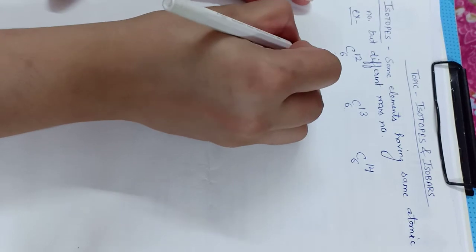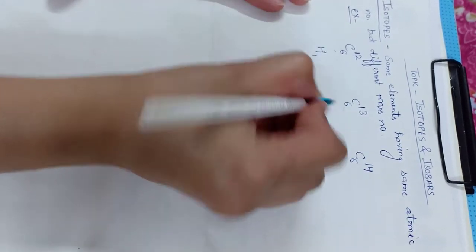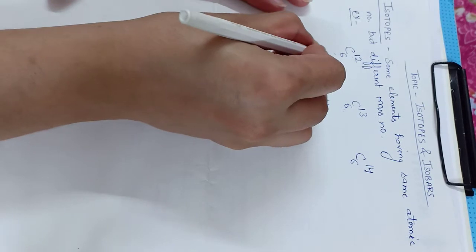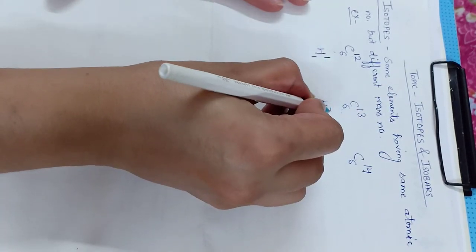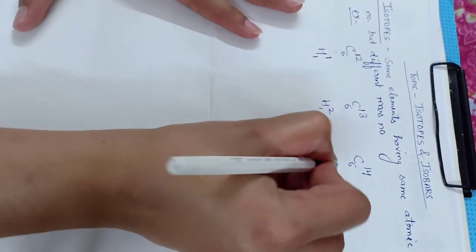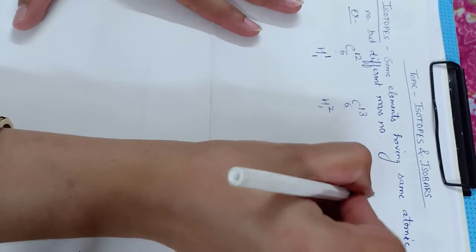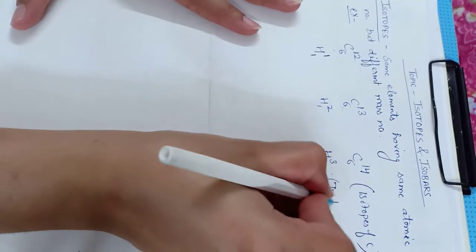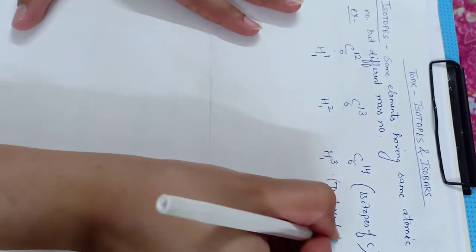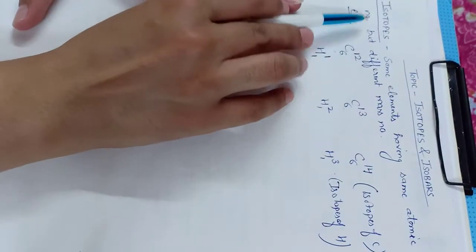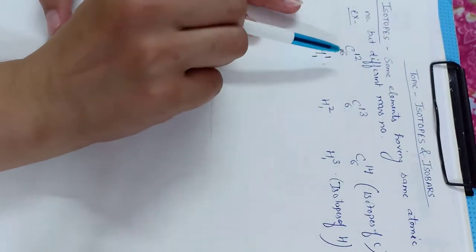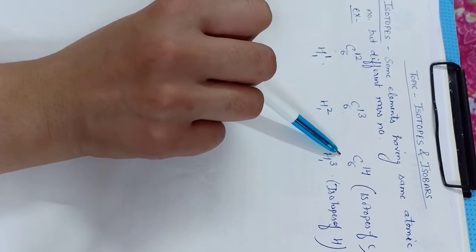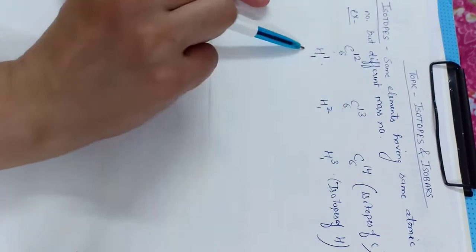Similarly, we have hydrogen having atomic number 1 and mass number 1, mass number 2, and similarly mass number 3. So these are the isotopes of carbon and these are the isotopes of hydrogen. Isotopes are of the same element having the same atomic number, obviously, since it is the same element the atomic number will be the same, and having different mass number.